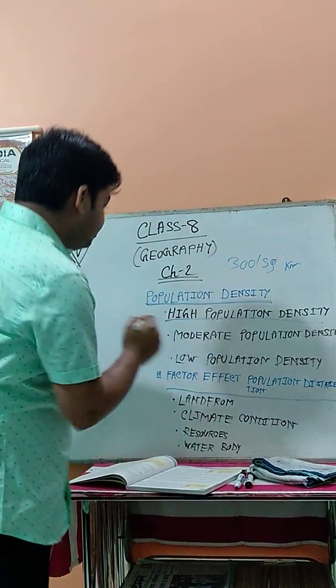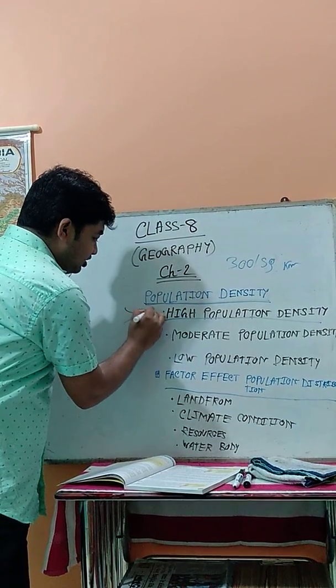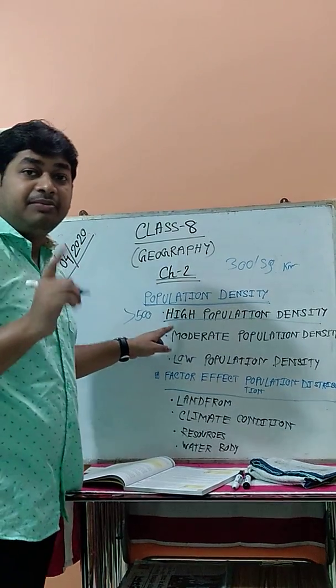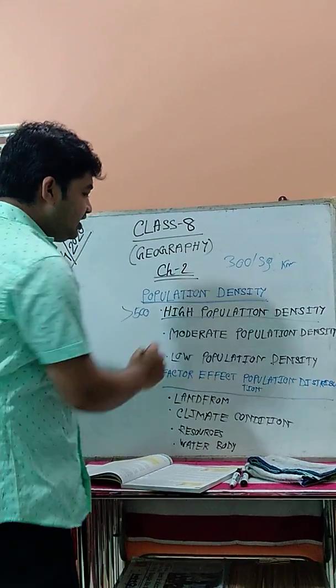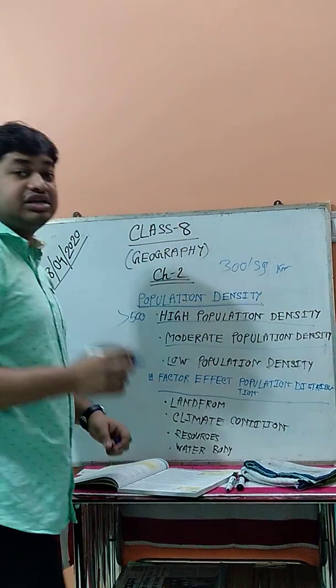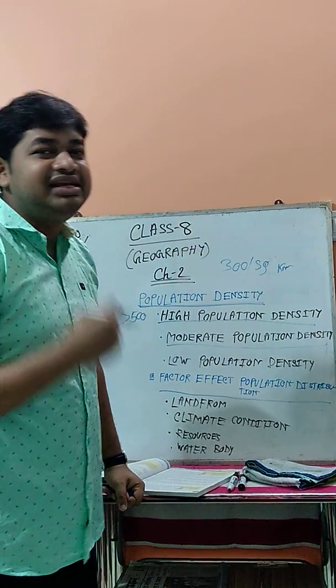So one thing you have to remember: 500 persons live per square kilometer. Now the second one is moderate population density. Moderate means the medium type.